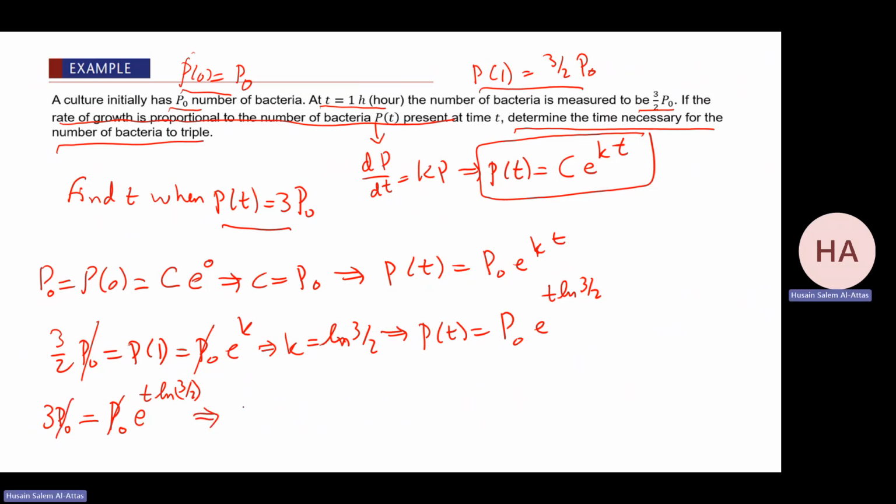That implies, and take ln, so I have ln 3 equals t ln 3 over 2. That implies t will be equal to ln 3 over ln 3 over 2, which is, if we do the calculator, 2.71. Since I'm using hours, that will be hours. Okay.